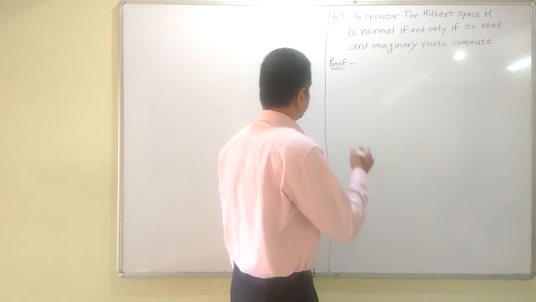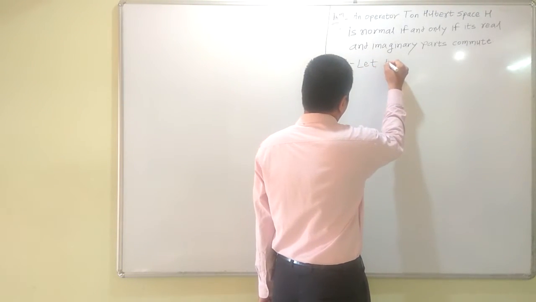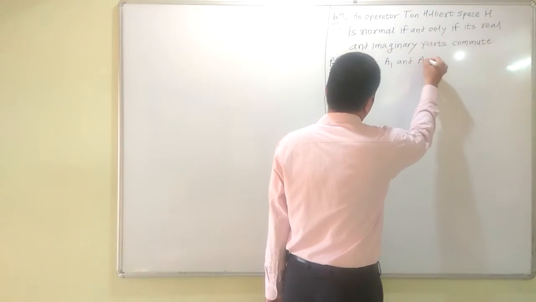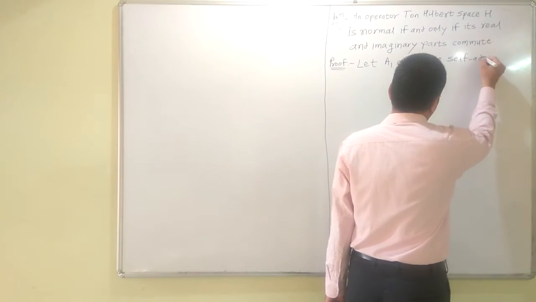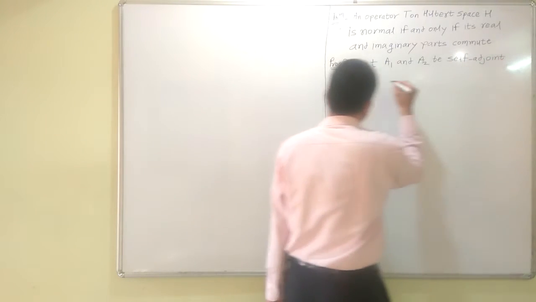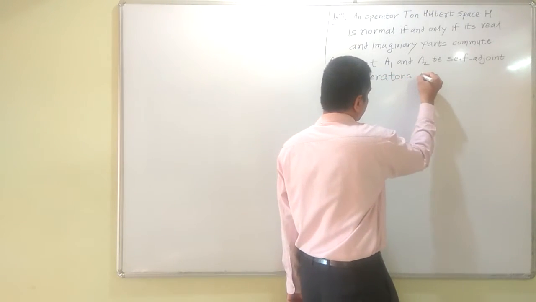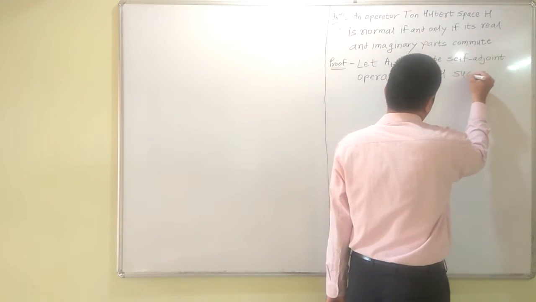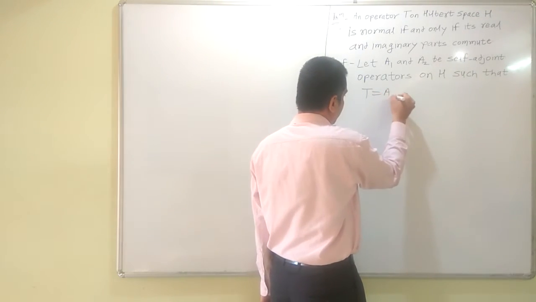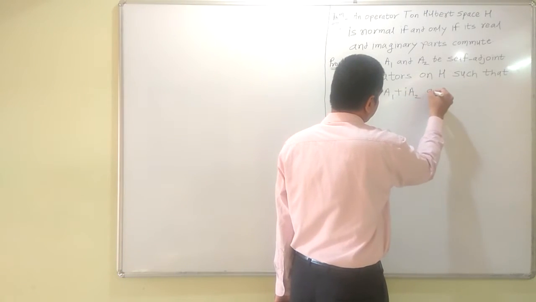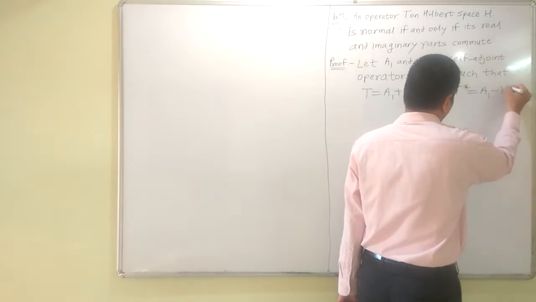So let A1 and A2 be self-adjoint operators on H such that T is equal to A1 plus iA2 and T star is equal to A1 minus iA2.